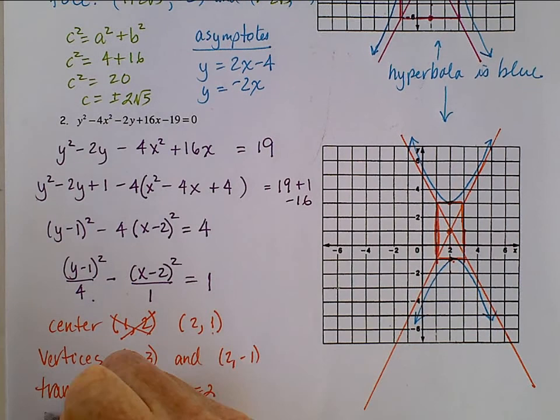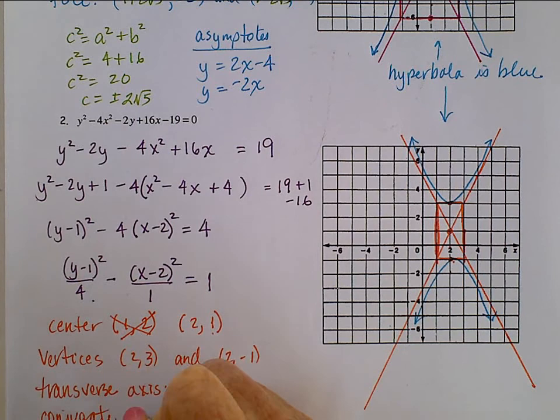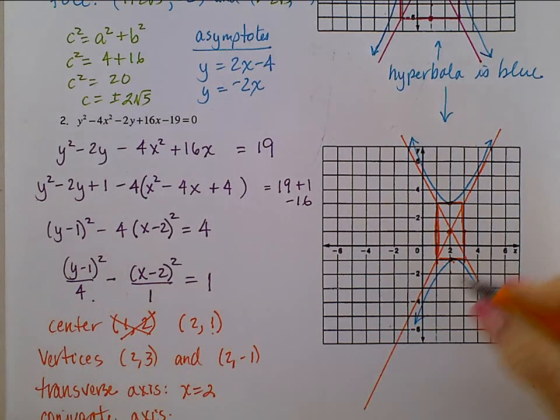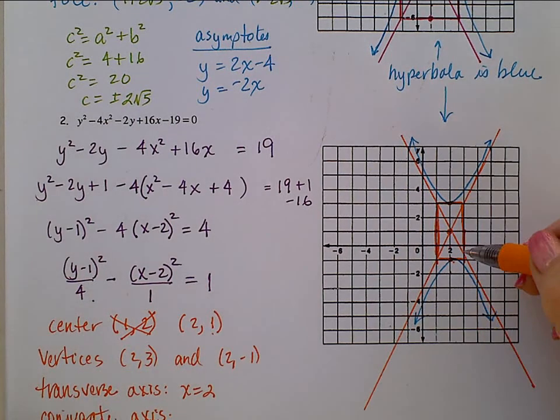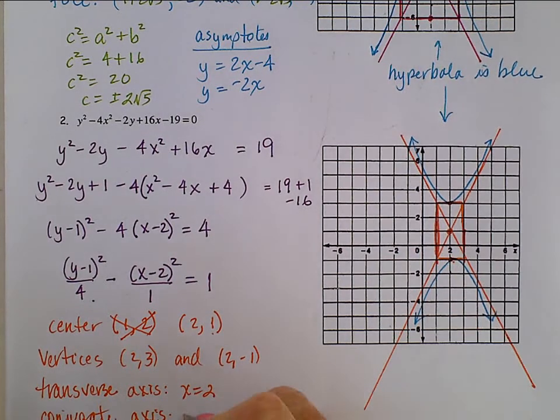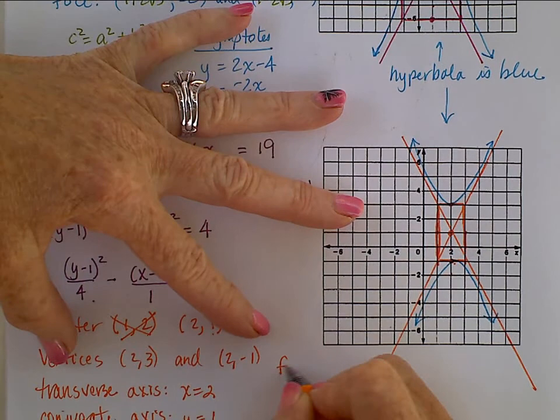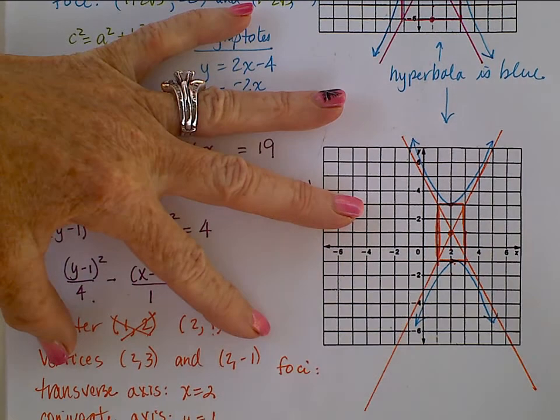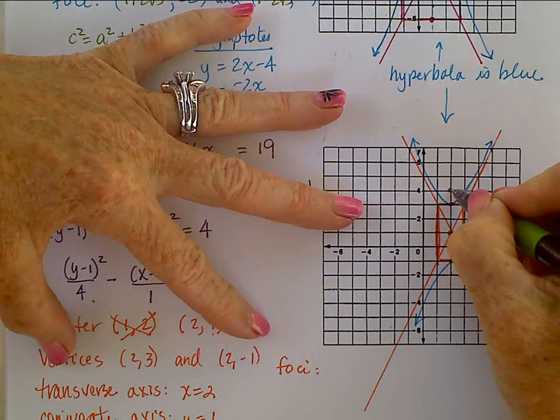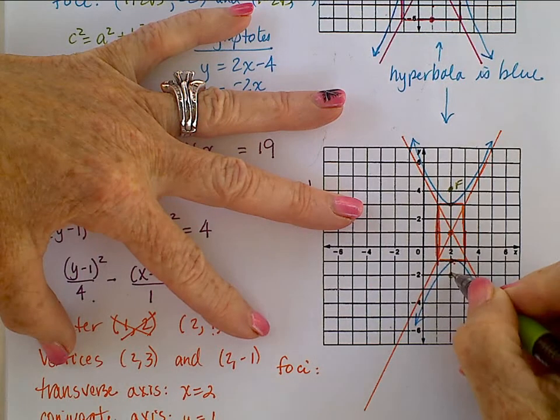Conjugate axis goes this way, that's y equals 1. The foci are right up here somewhere, or down here.